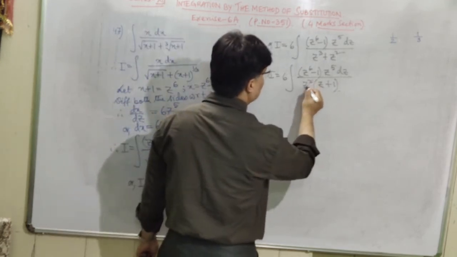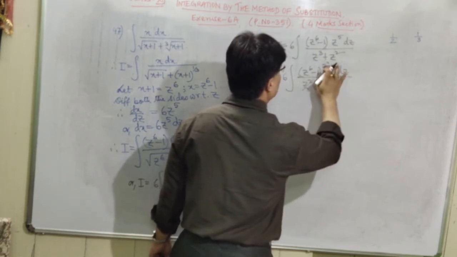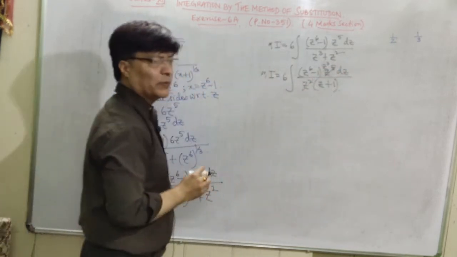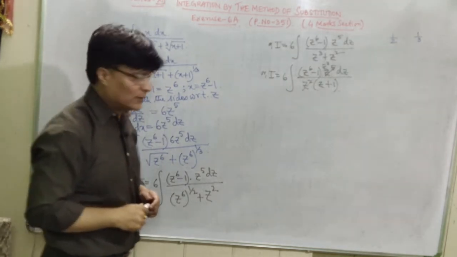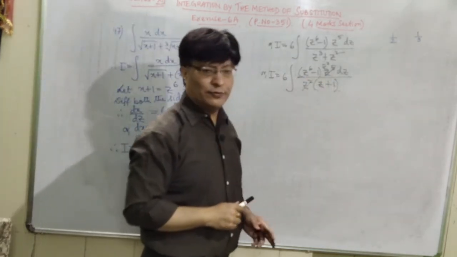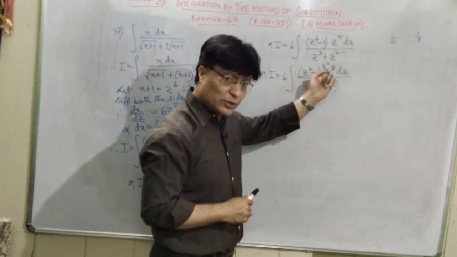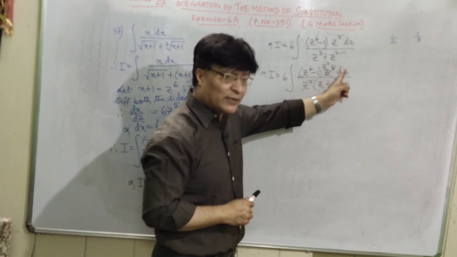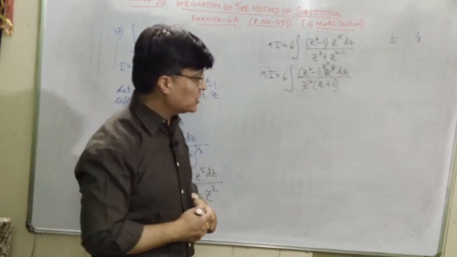So you can cancel here z square and z to the power 5 can be cancelled by z square. So it is z cube. Or you may write, if you take this z square to the numerator, it becomes z to the power 5 minus 2. What is z to the power 5 minus 2? 5 minus 2 is 3. That is your z cube.